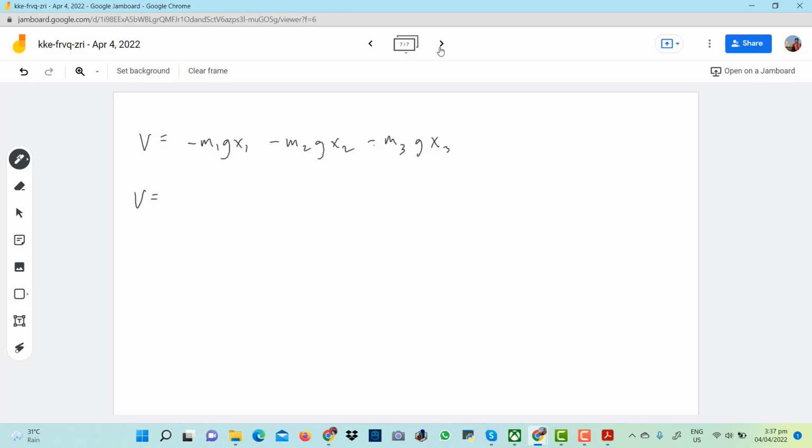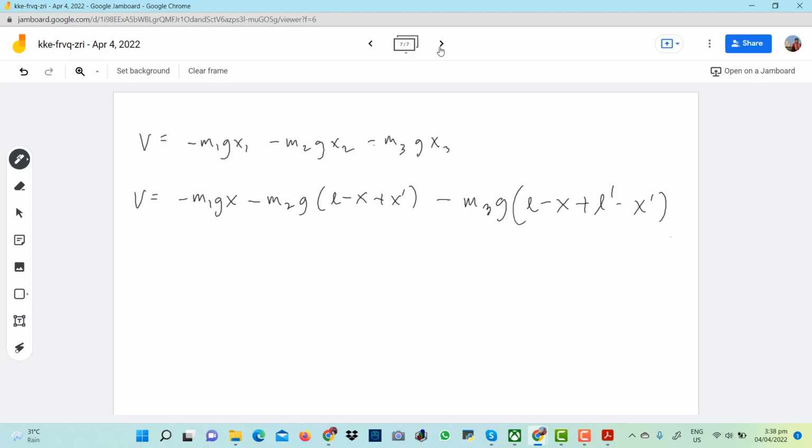If you simplify this, we have minus m1 g x minus m2 g times L minus x plus x prime, minus m3 g times L minus x plus L prime minus x prime.